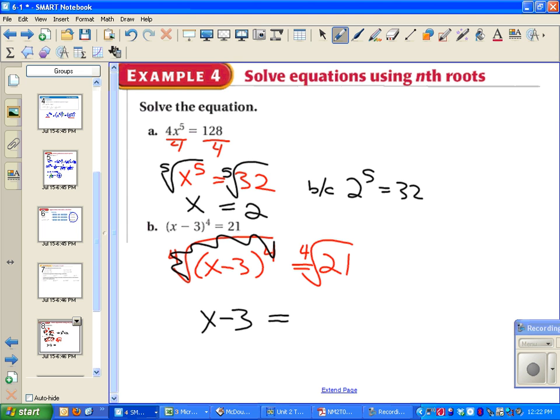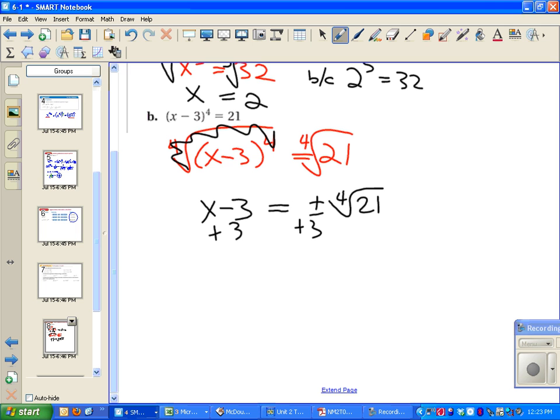Over here I can't break down, there is no number multiplied by itself 4 times that equals 21. But this is an even root, so it's going to be plus or minus the 4th root of 21, which I'll leave like that. And then I'm going to add 3 to both sides. Those aren't like terms, so I can't combine them. So x is going to be equal to 3 plus or minus the 4th root of 21. And that is both of those examples.